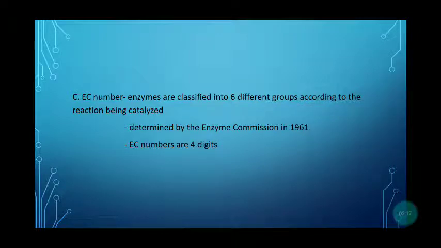The B and C digits describe the reaction, while the D digit is used to distinguish between different enzymes of the same function based on the actual substrate in the reaction. For example, for alcohol NAD+ oxidoreductase, the EC number is 1.1.1.1.